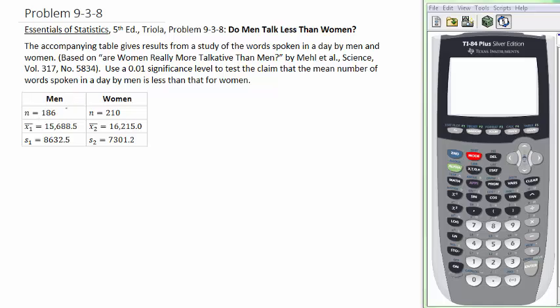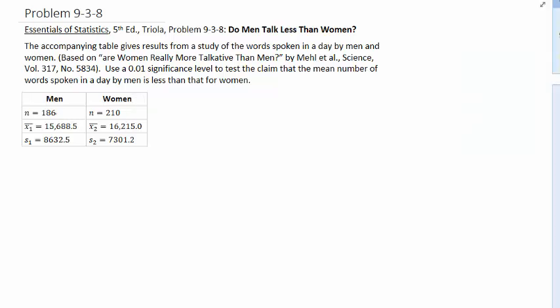We have our statistics given to us here in this table, the men and the women. And so what we're interested in is testing this claim. The mean is going to be compared for men and for women in our claim.